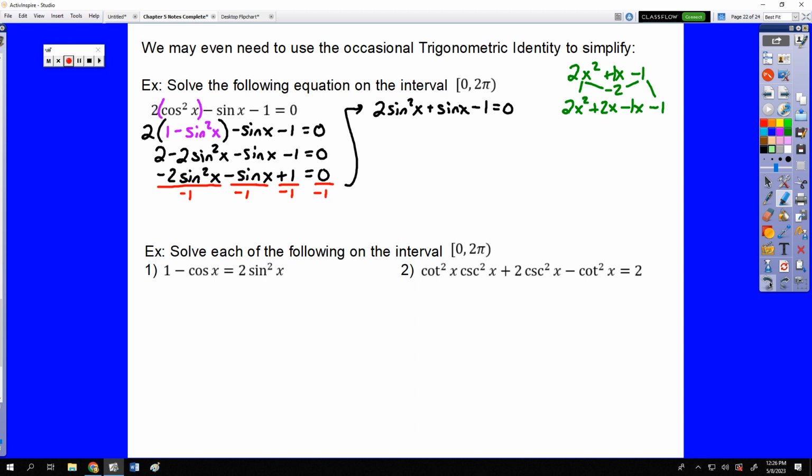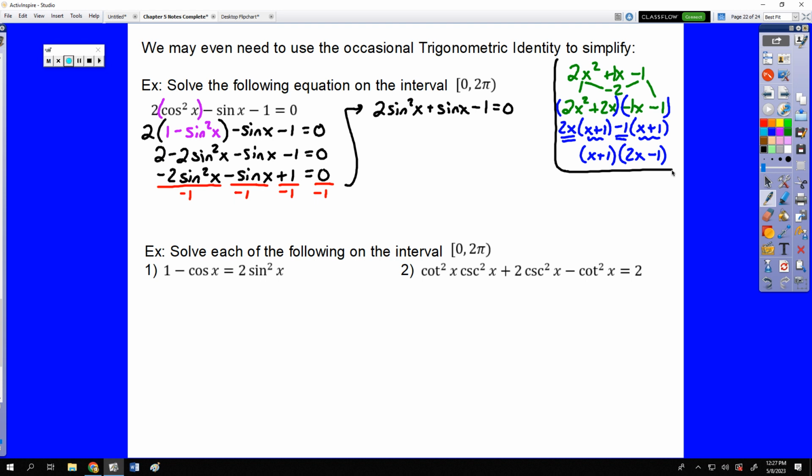Then we would group and factor out greatest common factors. The first set, we can take out a 2x, which leaves x plus 1. Second set, we take out a -1, which leaves x plus 1, which means my two factors are x plus 1 and 2x minus 1, what's inside the parentheses and what's in front of the parentheses.